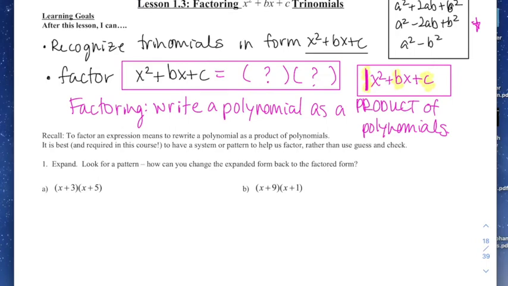So I'm going to expand these two, and then we'll take a look at the pattern.